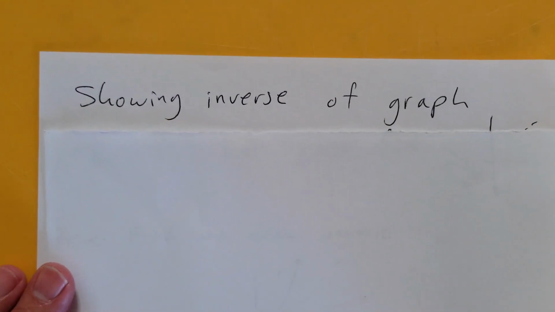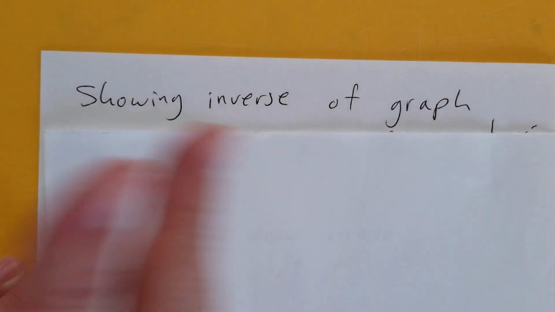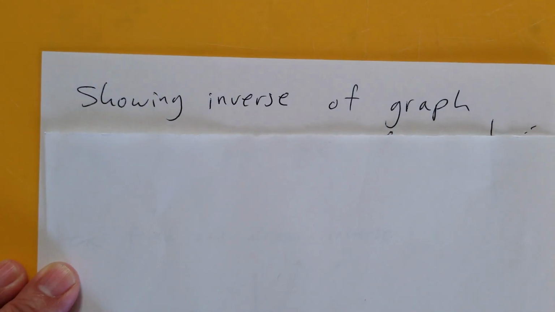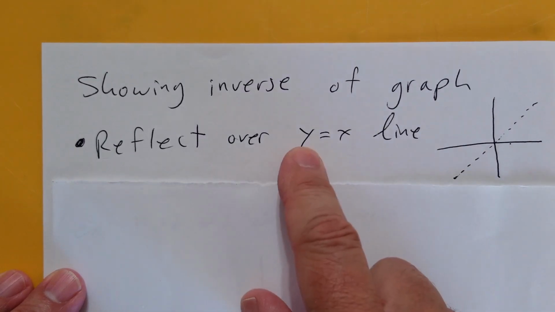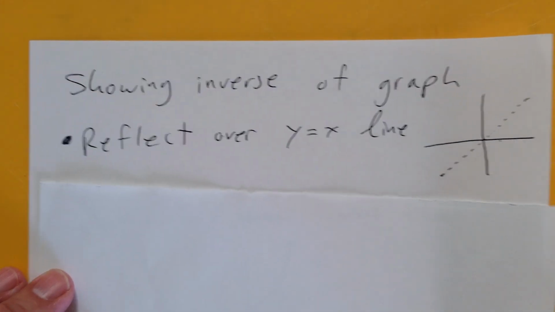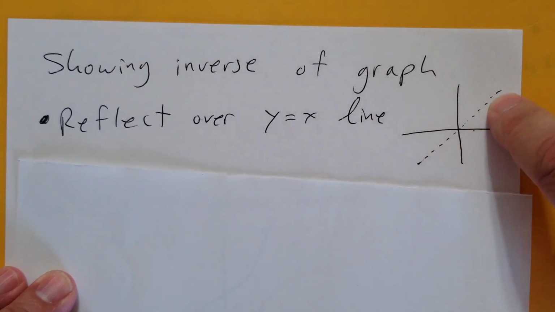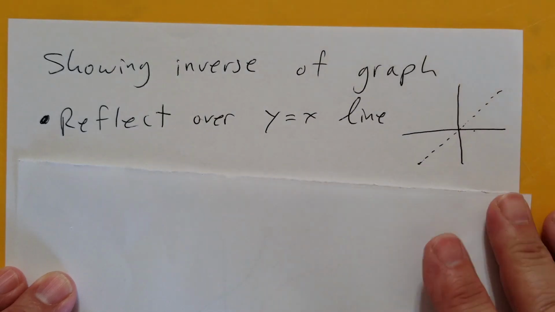How do you show inverse of a graph? Never mind the algebra expressions. What if you're looking at a graph? All you do is reflect over the y equals x line, the perfect diagonal line, right in the center. That's the y equals x line.